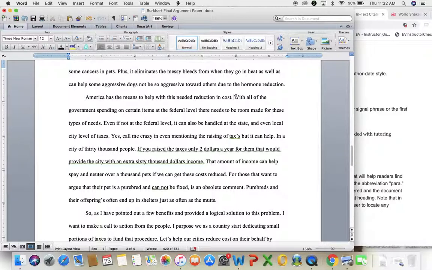So I think you need to position the argument more as, even though it seems like with the average American income that cost is not necessarily statistically significant, America still needs to allocate more funds for spaying and neutering initiatives, not only for pet owners, but also for people and organizations who do TNR, right? Sorry, that's trap, neuter, release, is what that stands for. And TNR is becoming more and more common.